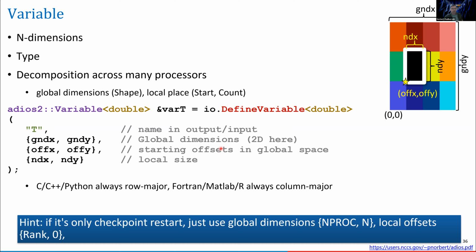And then on every process, you declare these variables and you provide the local offset and the local size on that given process. For simplicity, we decided that in the C, C++, Python API now, there's always a row major representation of variables. In Fortran, MATLAB, and R, it's always column major.